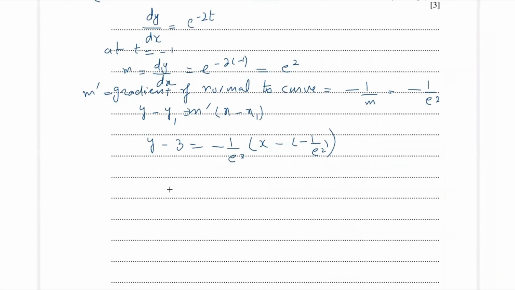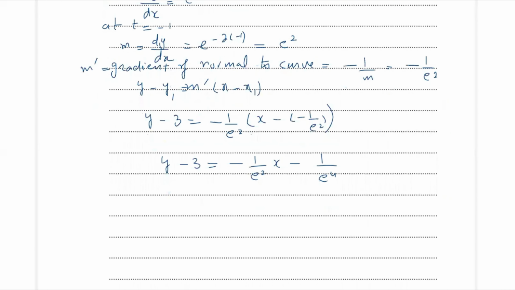Now we can write it as y minus 3 equals minus 1 over e square x minus 1 over e power 4. Now we can write it as y equals minus 1 over e square x plus 3 minus 1 over e power 4.